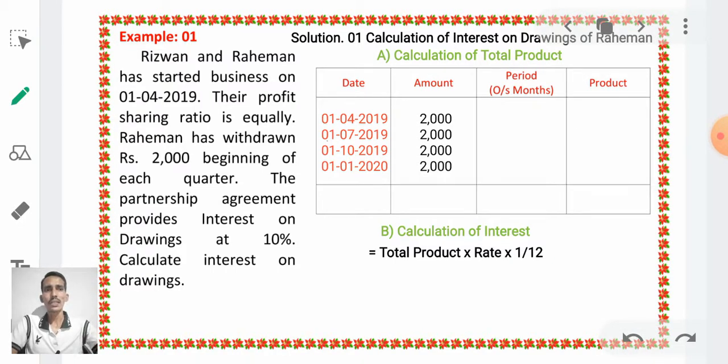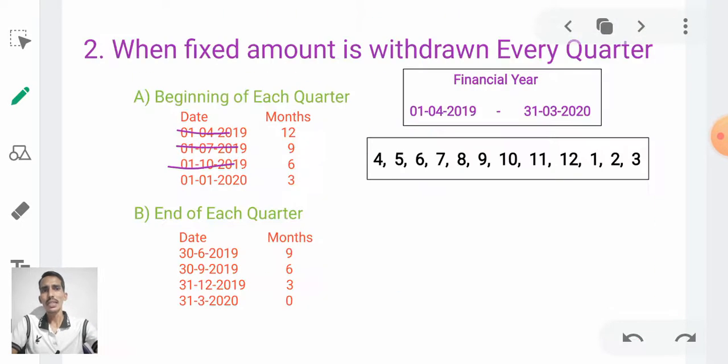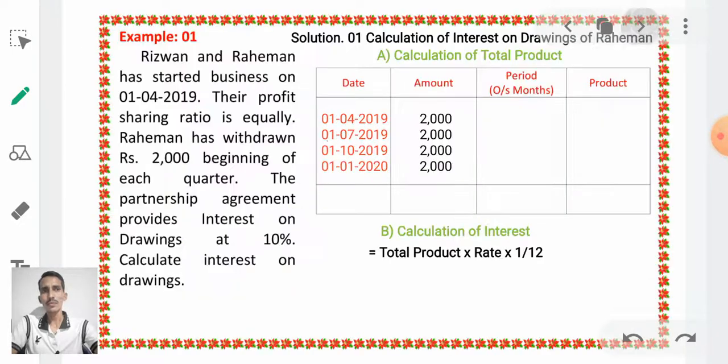Done. Next, outstanding month. How many outstanding months will there be? Just see here in this problem 12, 9, 6 and 3. Is it clear? We know already how it becomes 12 months, because the first drawings he has taken in the month of April.